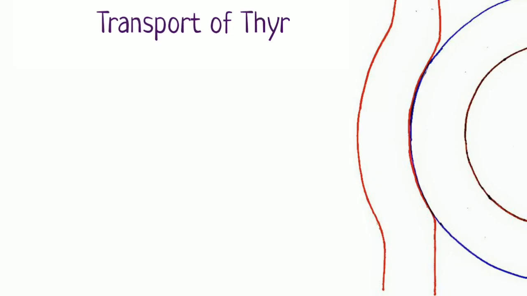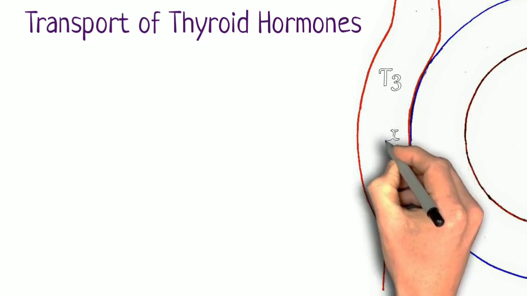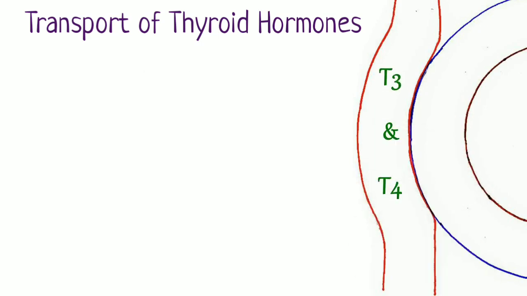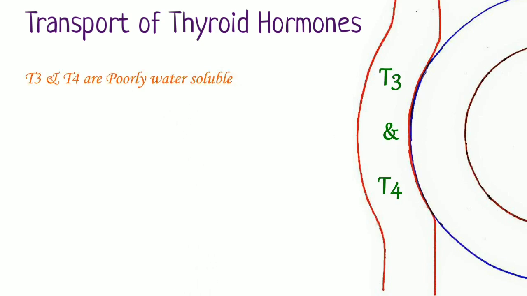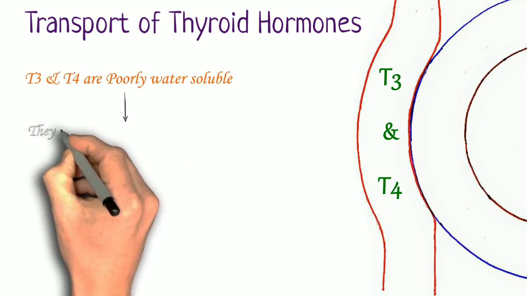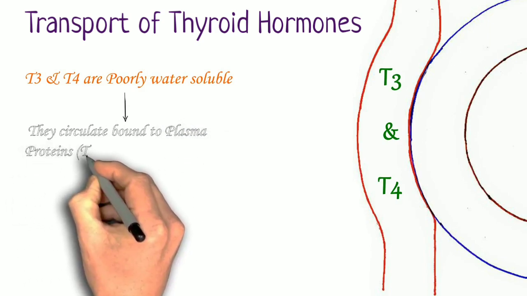Okay, let's come to the transport of thyroid hormone. T3 and T4 are poorly water soluble and circulate bound to plasma proteins like thyroxine binding globulin or TBG, T4 binding prealbumin or transthyretin, and albumin.